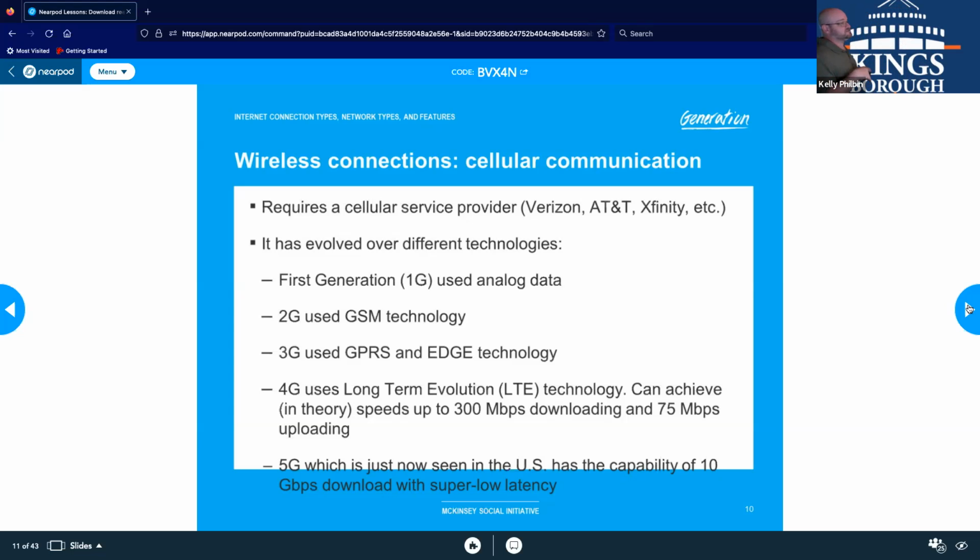But that doesn't mean we can't get pretty good speeds. 5G, the new technology that's coming out now, is mostly in major urban centers at this point, and will be slowly rolling out throughout the country. In theory, it has the capability to push up to 10 gigabits per second downstream, which is super fast.